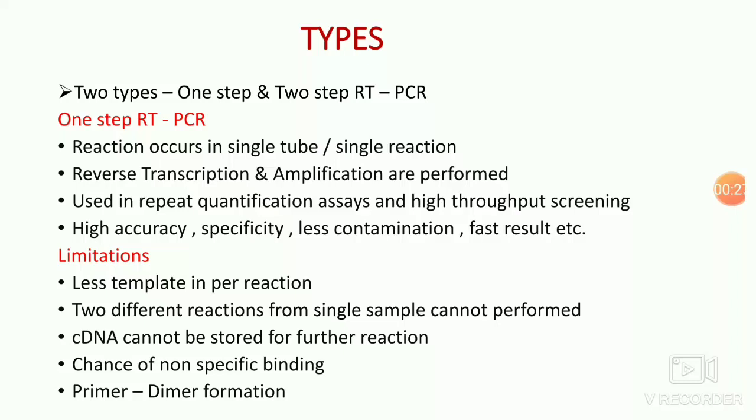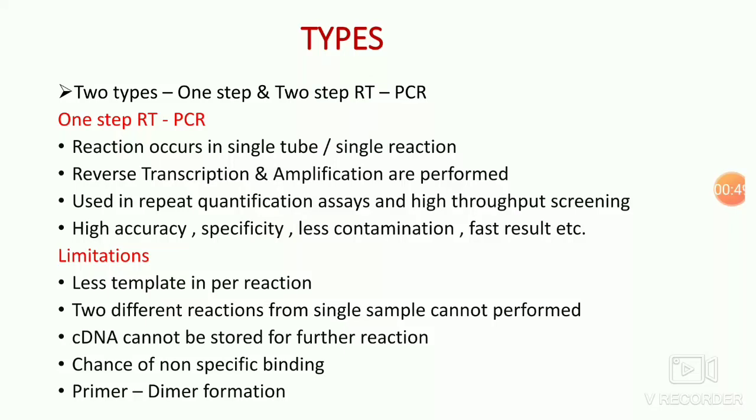It is mainly used in repeat quantification assays and high throughput screening. It has very high accuracy, specificity, easy handling, very less contamination, very fast results and is even reproducible.